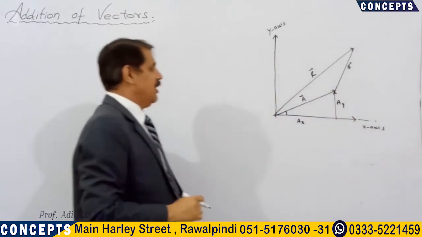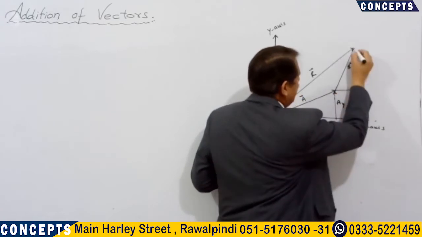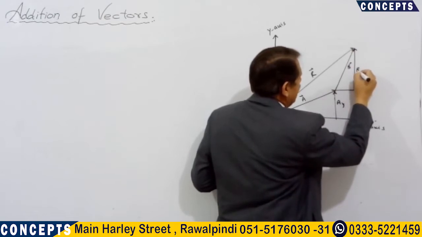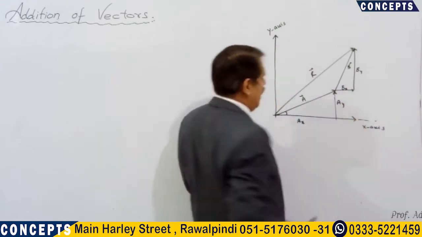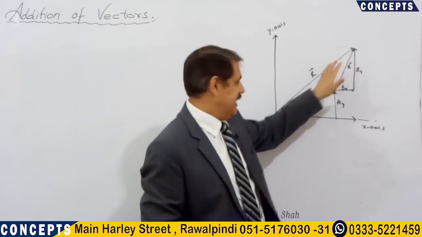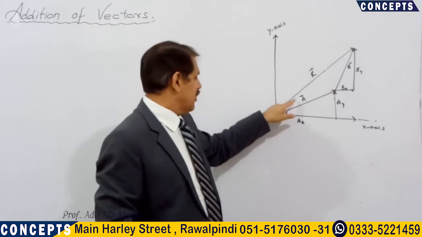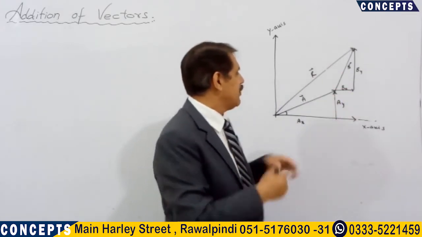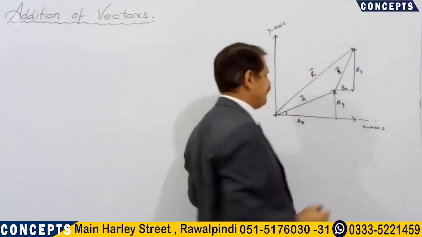These are the two rectangular components, and the rectangular components of B would be By and Bx. Now we have resolved these two vectors which are going to be added, A and B, into their rectangular components. Rectangular components of A are Ax, Ay, and rectangular components of B are Bx and By.